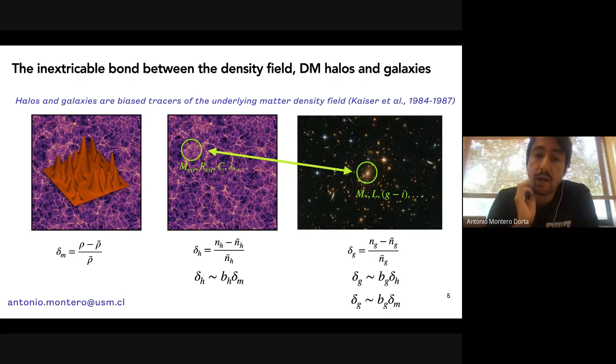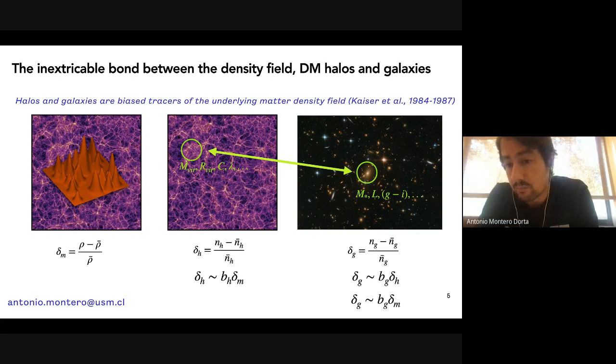At the center, you have the dark matter halo field, which is a discrete field, where we have also characterized the different properties of halos. And of course, we have galaxies that we can observe, or we can also model through hydrodynamical simulations. So we have also measured a bunch of properties from them: stellar masses, luminosities, colors, etc.